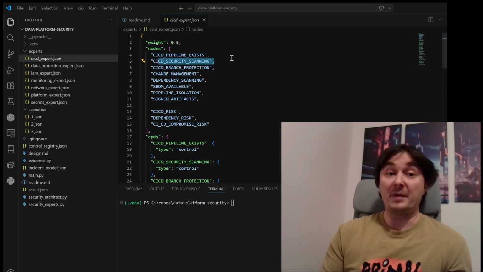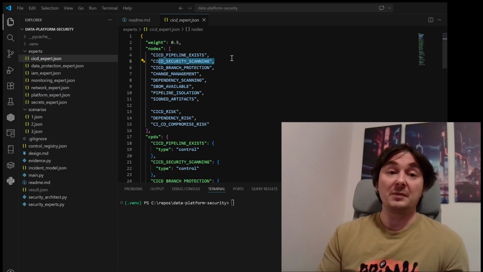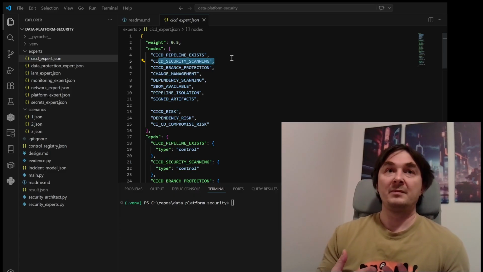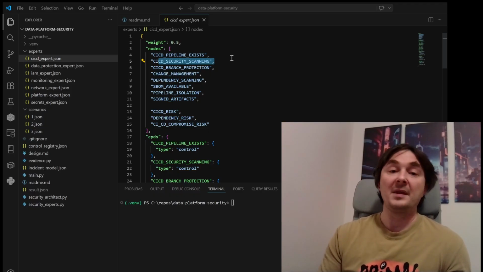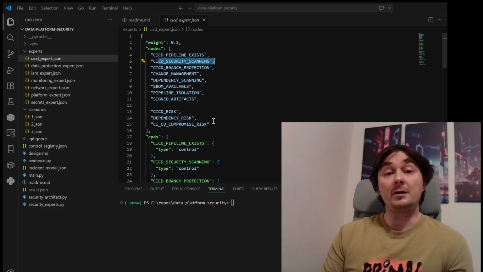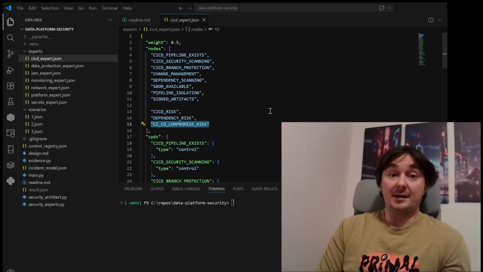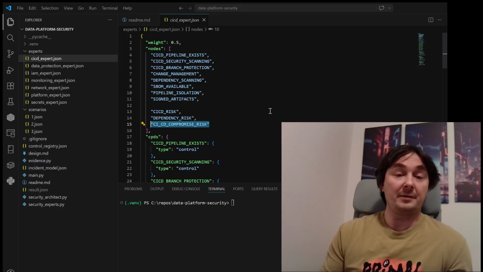Based on that dependency risk, you might very well end up with an incident of, at the very least, an unavailable data platform, up to data loss. Another possible risk is the CI/CD compromise risk itself, where your pipeline might be compromised and then you don't control your platform anymore.